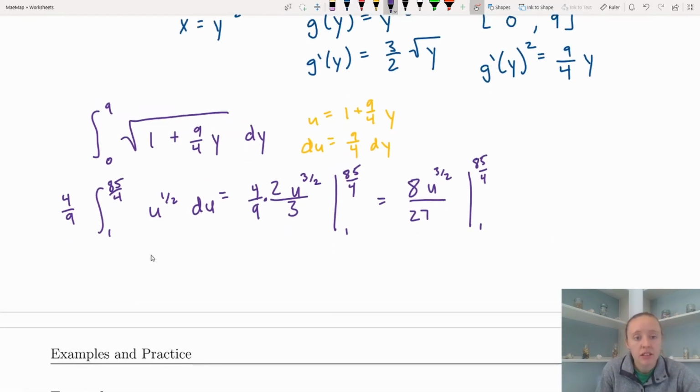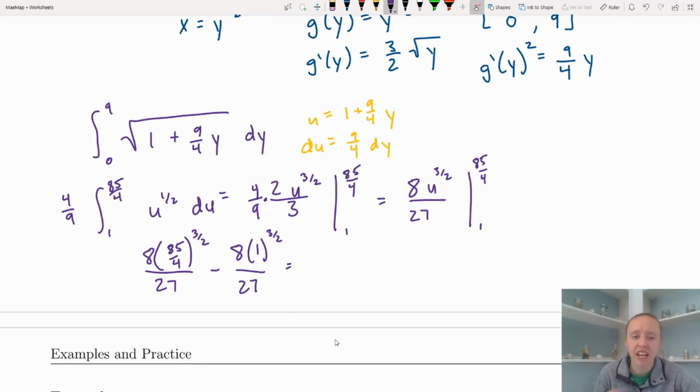So 8 times 85/4 raised to the 3/2 all over 27. I'll subtract 8 times 1 to the 3/2 all over 27. Now I can do a little bit of simplification here, but this problem looks a little messy.